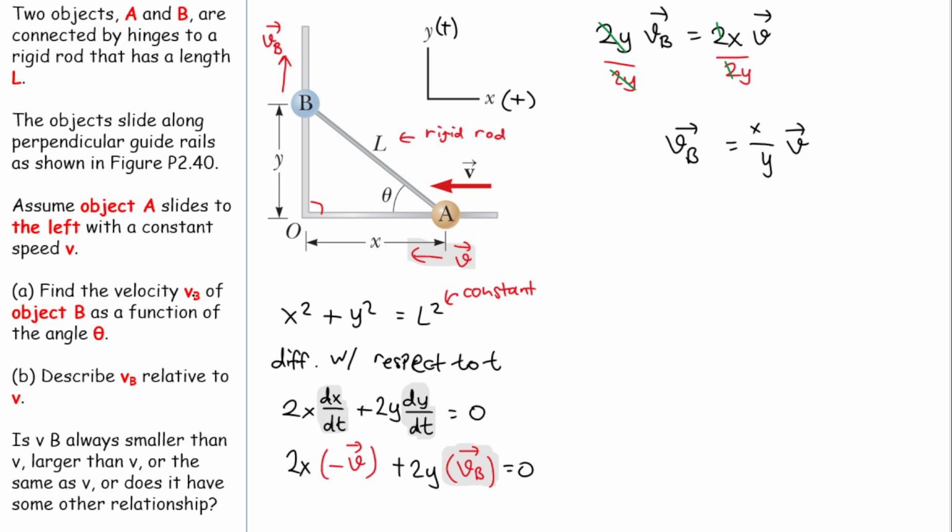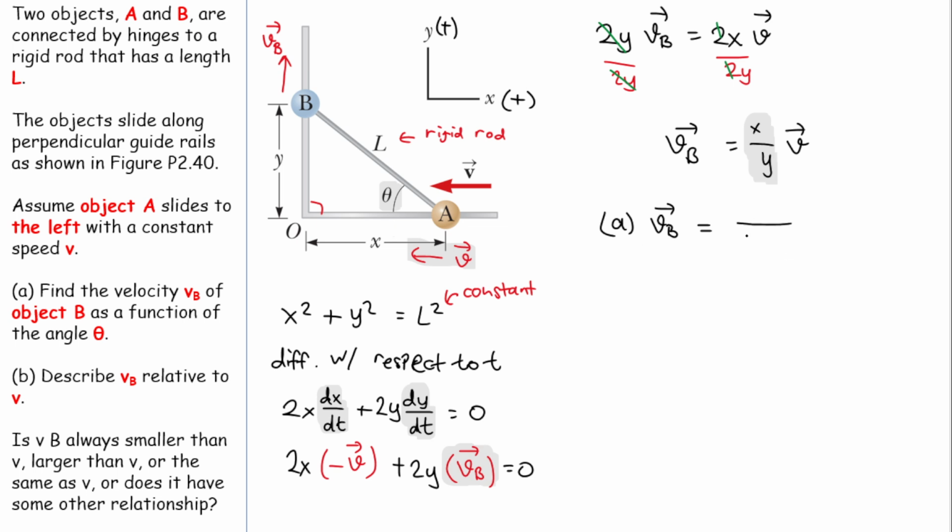Find the velocity Vb of the object as a function of the angle theta. Okay, so to convert this x and y into theta, we need to use trigonometry. Let's see theta here. x is the adjacent side, and y is the opposite side. Remember that opposite divided by adjacent is tangent, right? So I need to convert this into that form. So I will have Vb here, and that will equal, remember that tangent here is y over x.